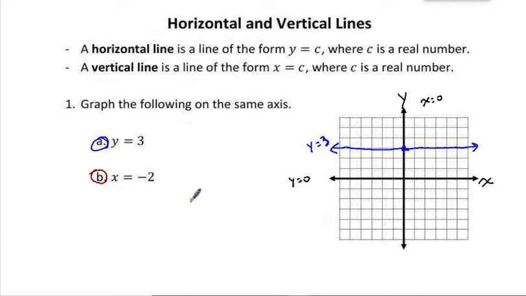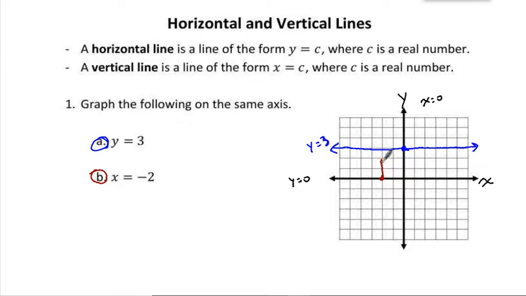Example B, x equals -2. So we go along the x-axis to -2, plot our point, x is -2. Where would we substitute a y value other than 0? There is no y in the equation. Again, it does not matter where y is. I'm not moving anywhere to the right or left because x is defined at -2.